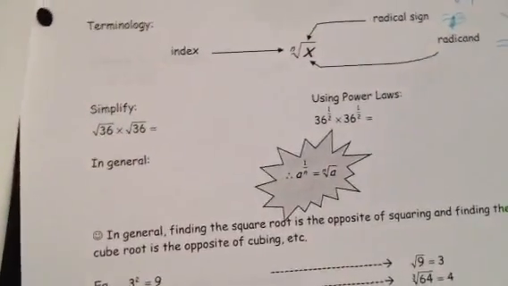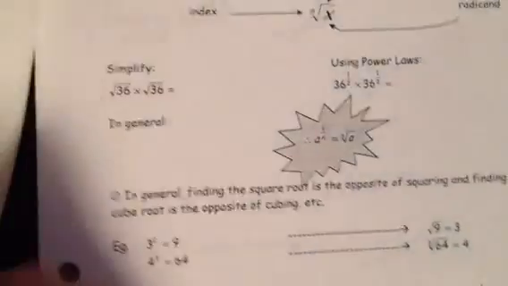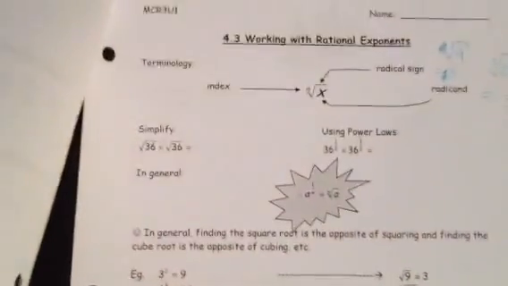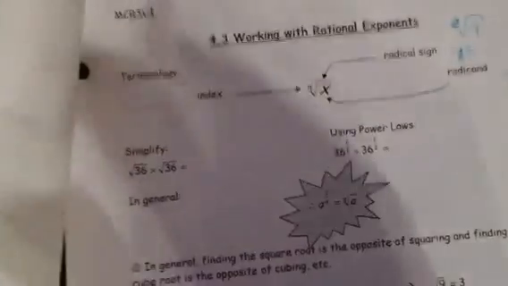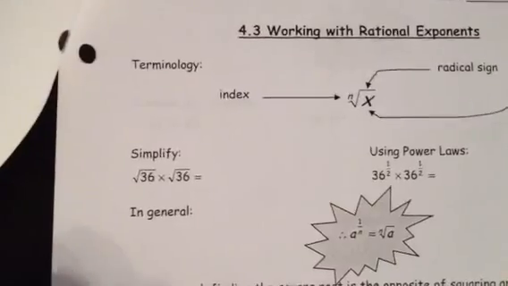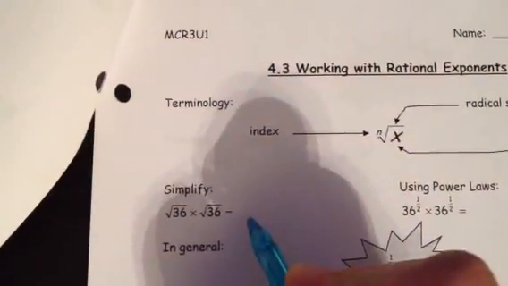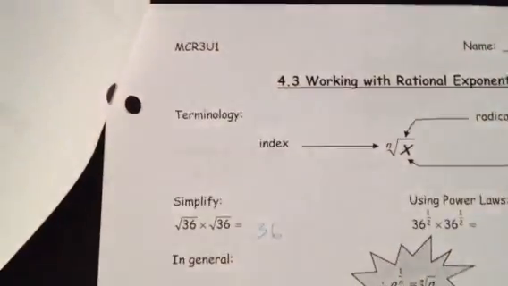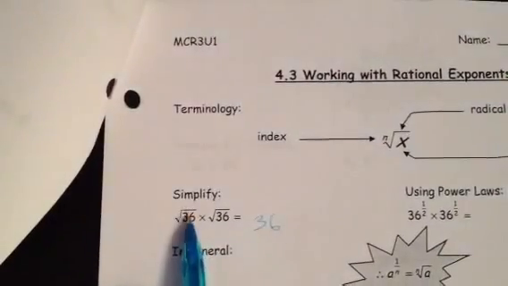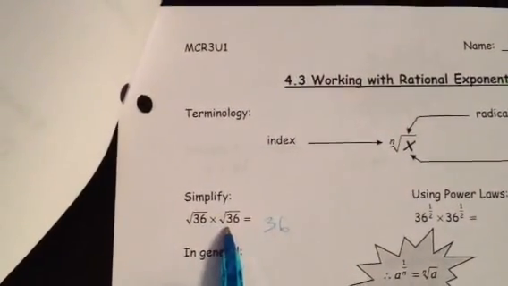And so let's take a look at simplifying a couple things so we understand what square roots mean and what these exponent laws are. If we take a look at, for instance, the square root of 36 times the square root of 36. Now, we know that root 36 times root 36 is just 36, right? Because root 36 is just 6 times another 6.